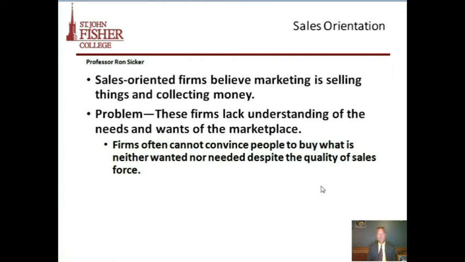It's a game of numbers. Usually 1% will, so if you ask 100 people, one person is going to buy it. These firms lack understanding of the needs and wants of the marketplace. All they're trying to do is find customers who will buy their product. And again, they use a lot of telemarketing techniques, a lot of price point techniques, etc.